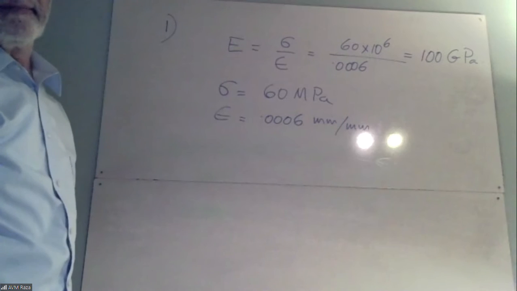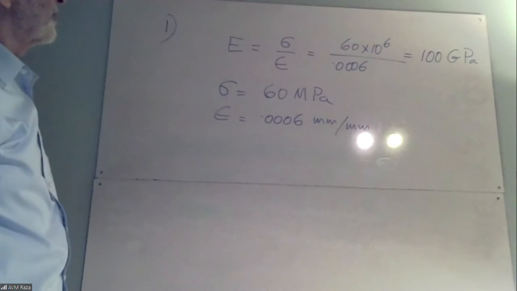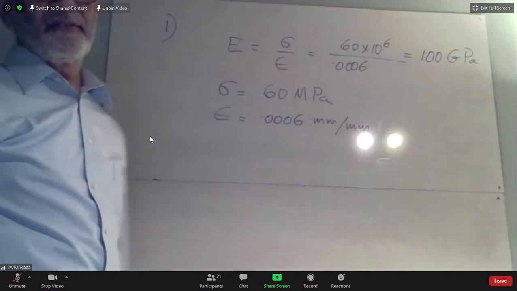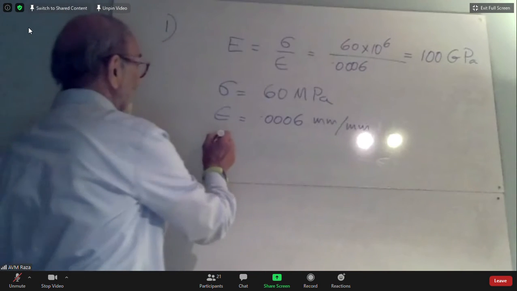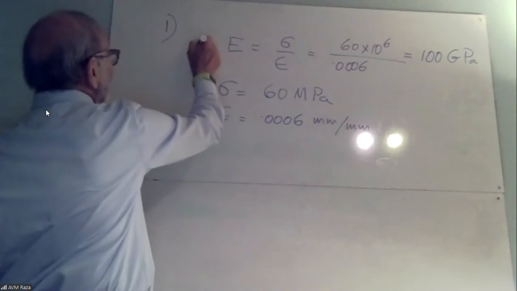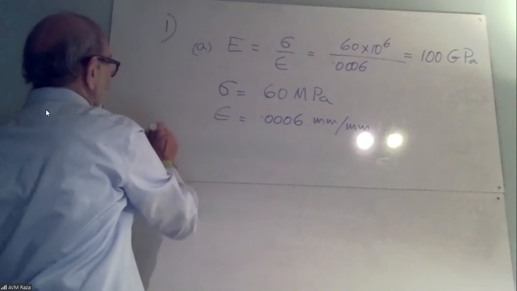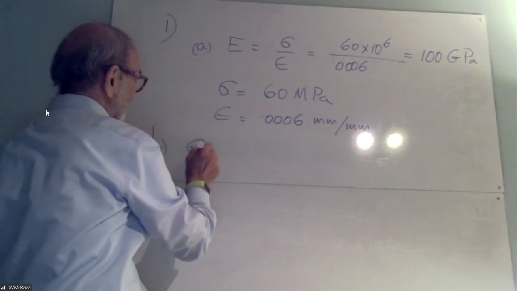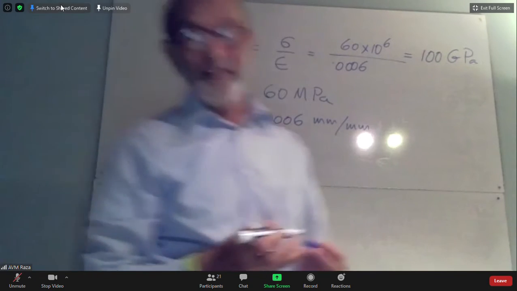Everybody good? The next part is B, find the yield strength. So this was part A, find E, and part B is asking you to find the yield strength. How do you find the yield strength?